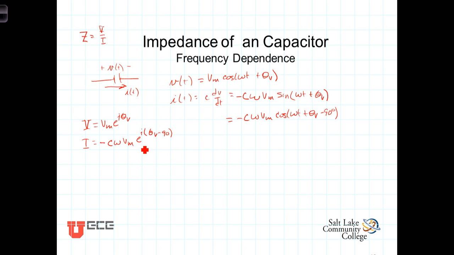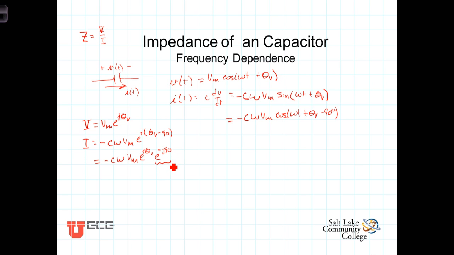Again, using the product of two exponential terms, you add the exponents, so we're going to undo that. So this is equal to negative C omega V sub m e to the j theta sub v e to the minus j 90 degrees.